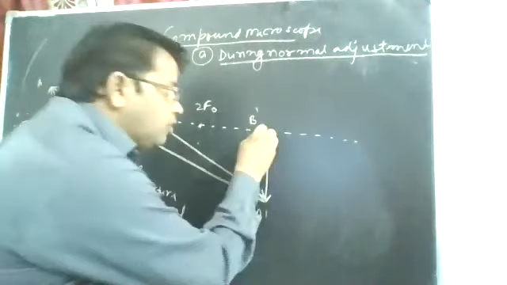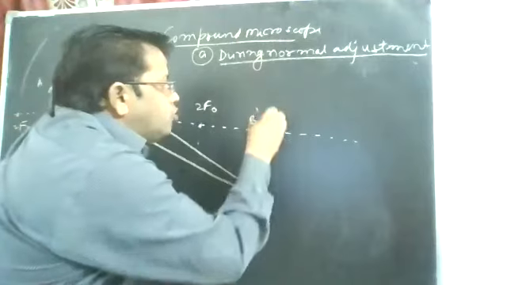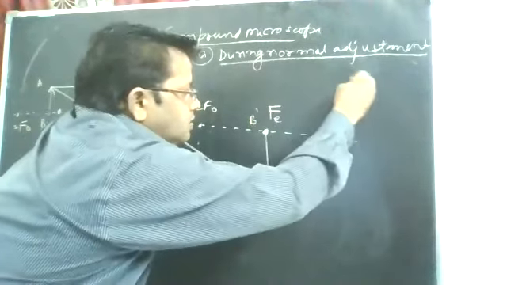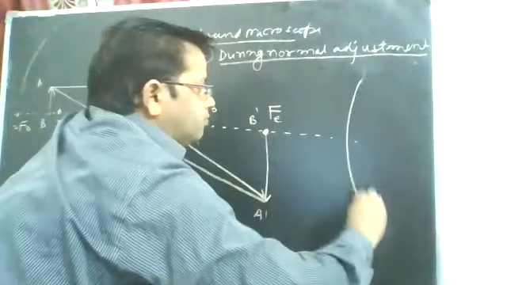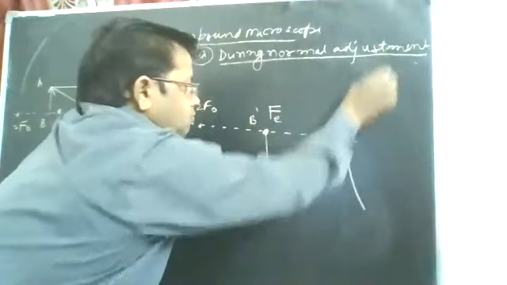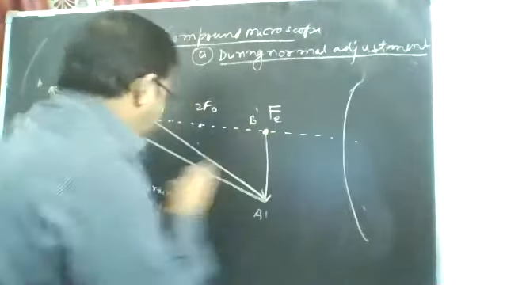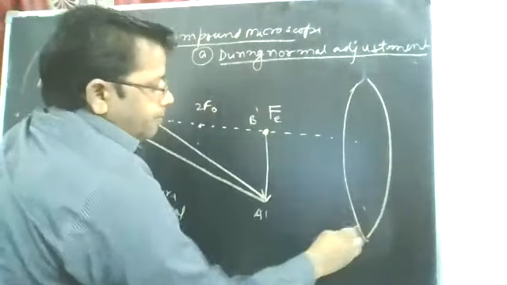Now see here, the point where the image is formed lies on the focus point of the eyepiece. This is the eyepiece lens. The eyepiece should have a relatively larger focal length.